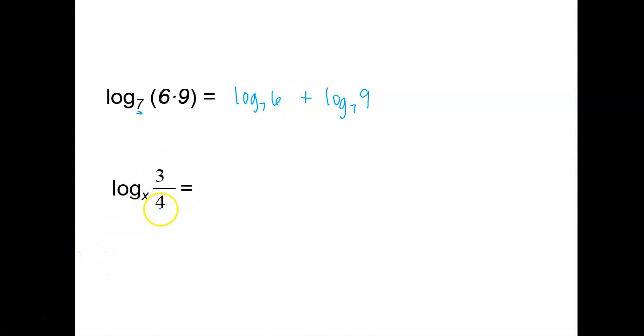This one is division. So my log has base x of the top number 3, and then I will subtract log base x of 4. So if I have multiplication inside, that means I can add the logs together. If I have division inside, that means I can subtract them. I can expand them out to more than one log.